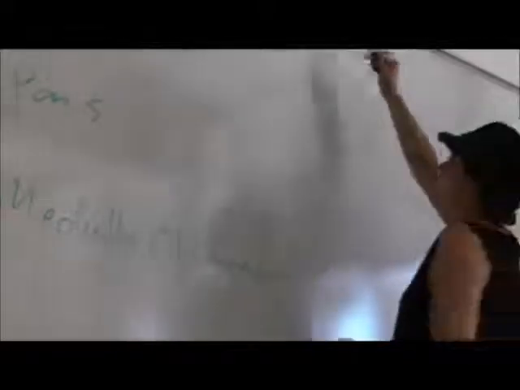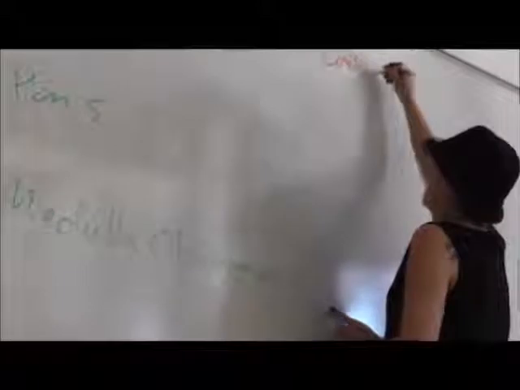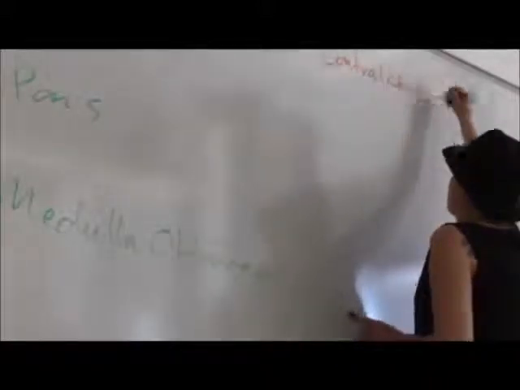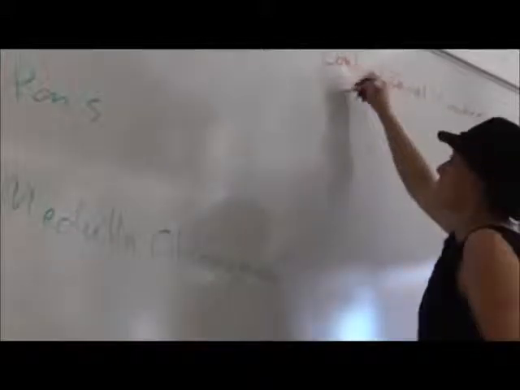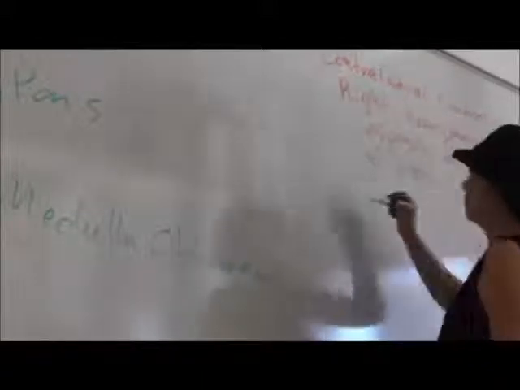What this means is that the right side of your brain is sensing information coming from the left side of your body and executing motor commands that go out to the left side of your body. So contralateral means opposite side. And what this means in your brain is that your right hemisphere controls and responds to the left side of your body. The inverse is also true.